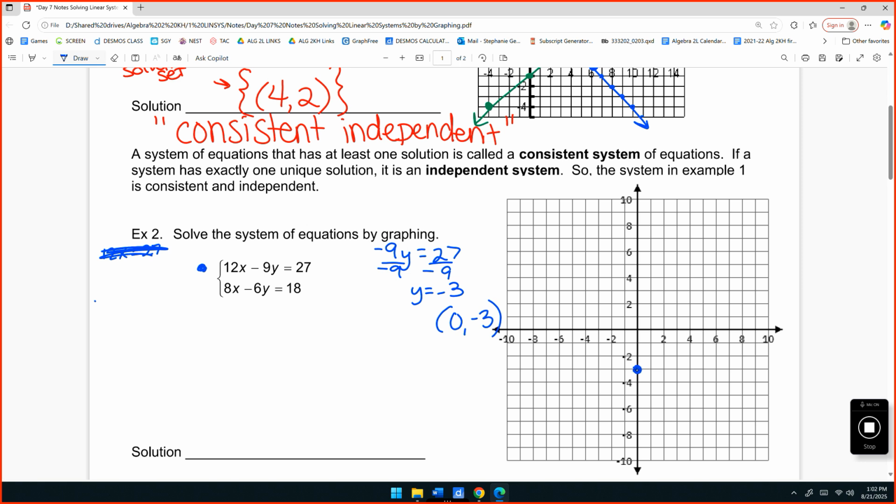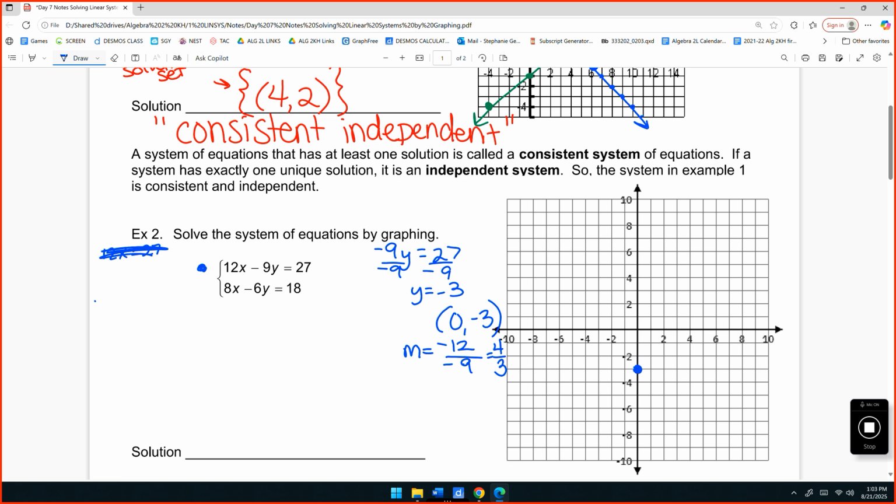And then I can use my shortcut to figure out the slope, right? Opposite A over B. Negative 12 over negative 9. So that's going to be a positive, divide by 3, 4 over 3. So we have a slope of 4 over 3, okay?